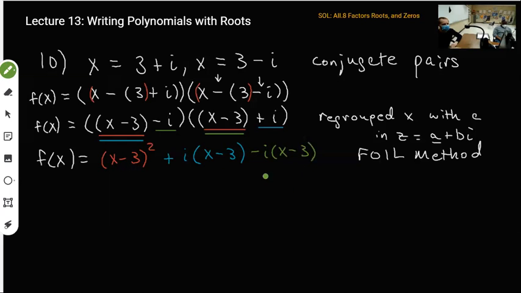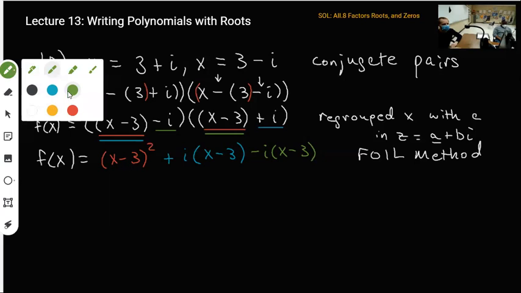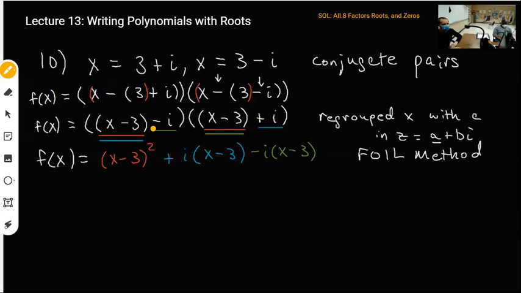Then I'm going to change my color to yellow and underline the last two terms. Negative i times i is going to give me minus i squared, because I have two i's being multiplied together.